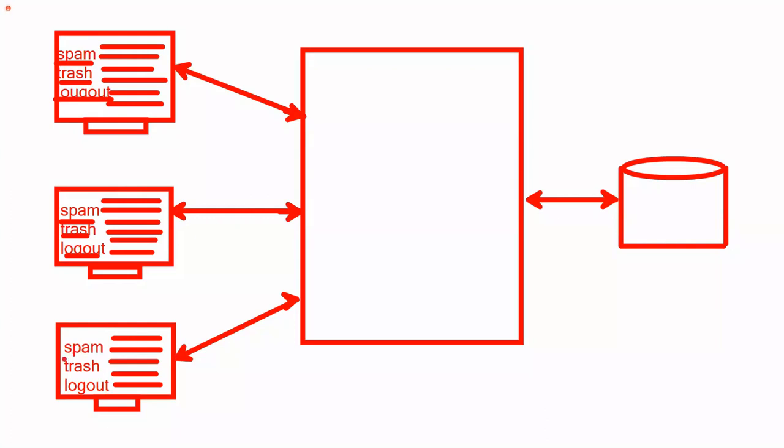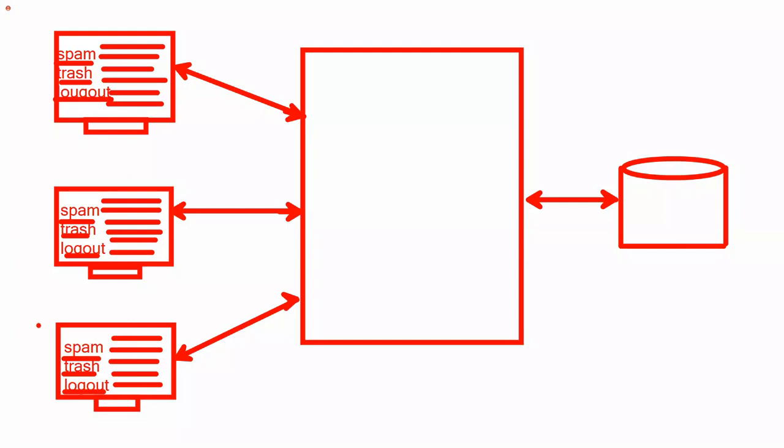Now, whose inbox is this? AAA user's inbox. This is BBB user's inbox. This is CCC. AAA, BBB, CCC. Okay, like this.